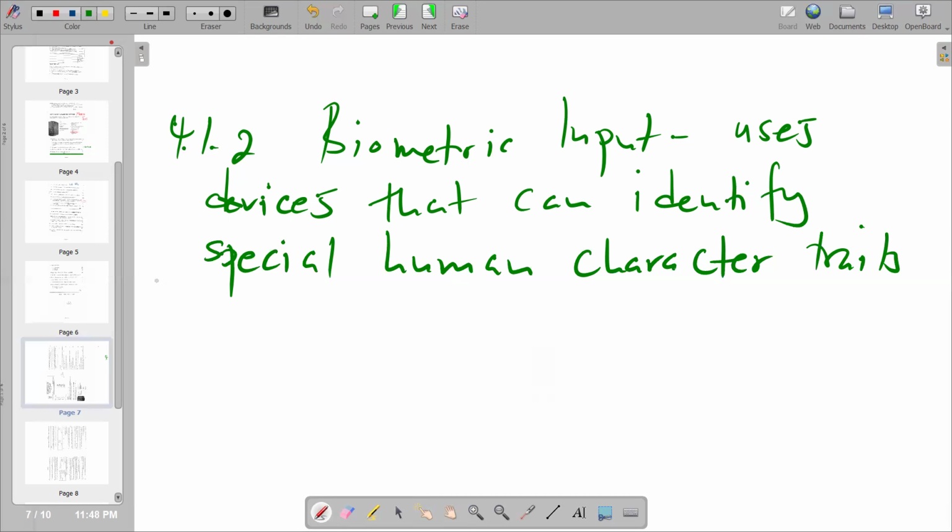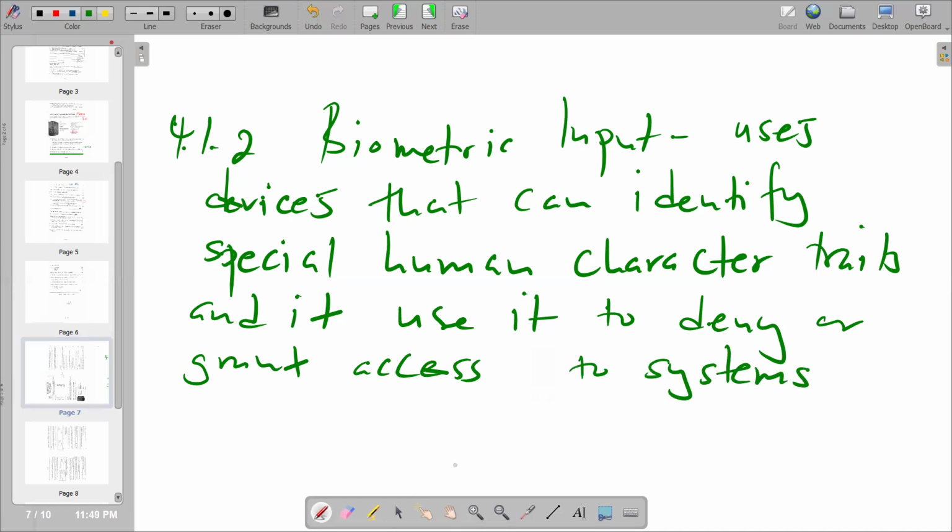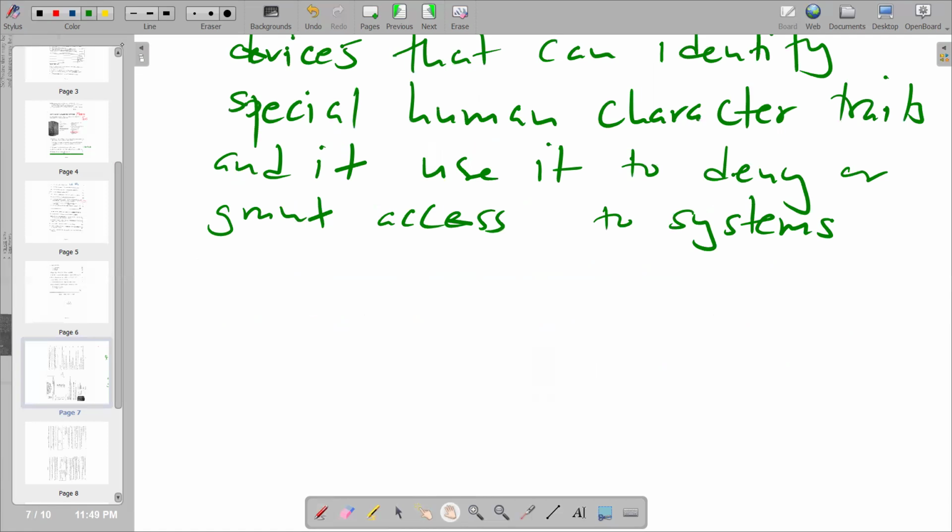So we can just continue on description and say it uses it to deny or grant the access to systems. So that's a biometric input. So this is what we have in terms of biometric input. And then in terms of examples, we are saying examples.